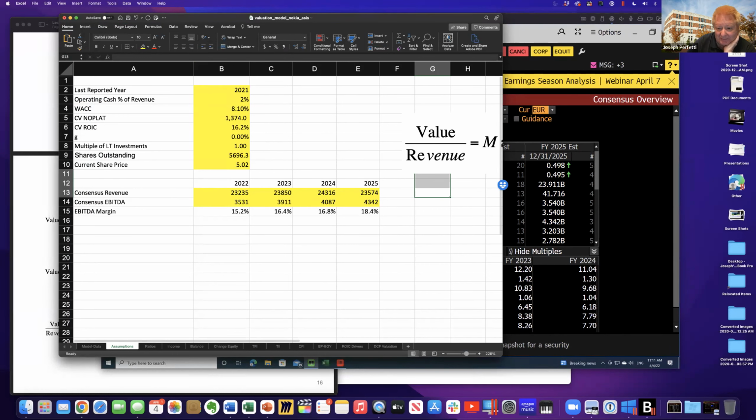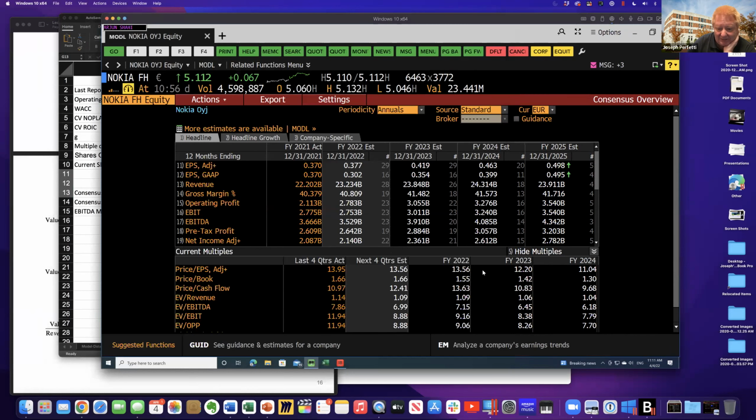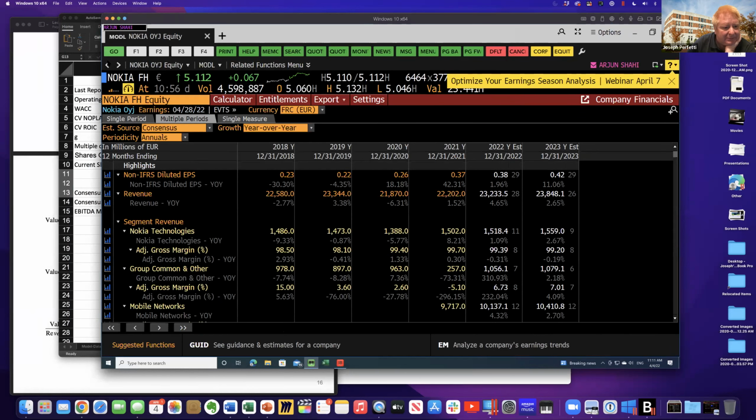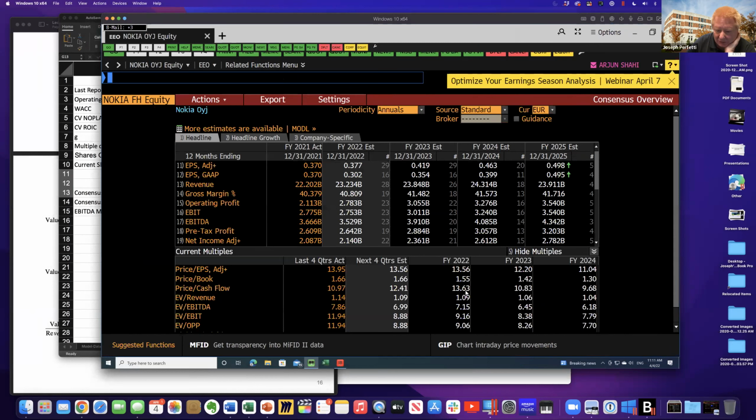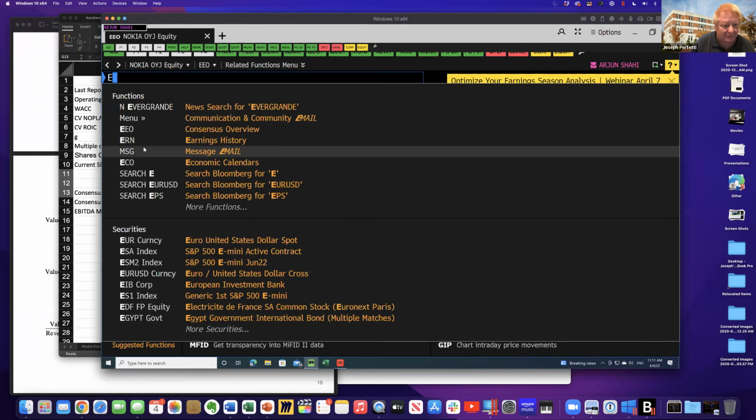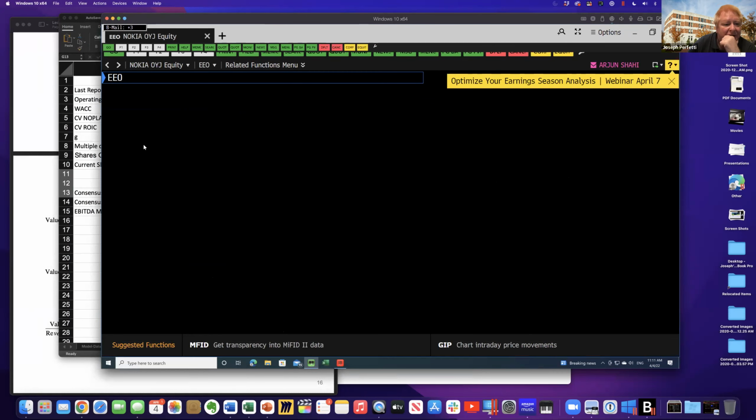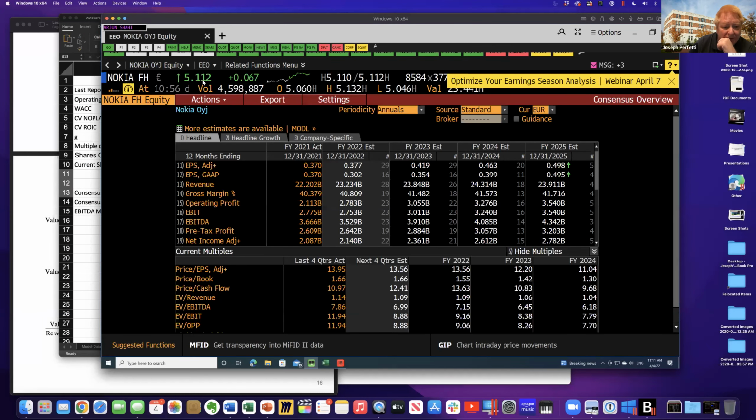In addition, the multiples have changed because these multiples down here are a function of the current share price. So for example, current share price is 5.11 euros.